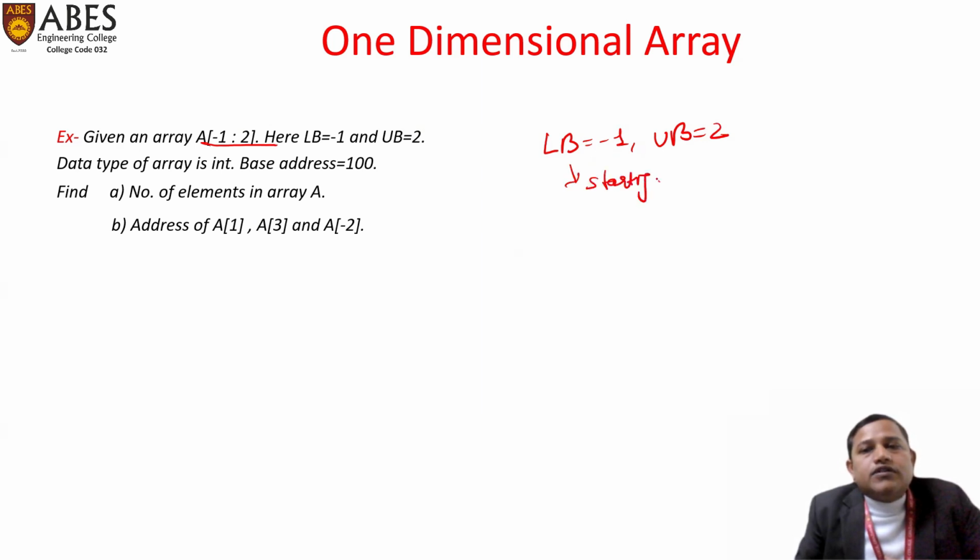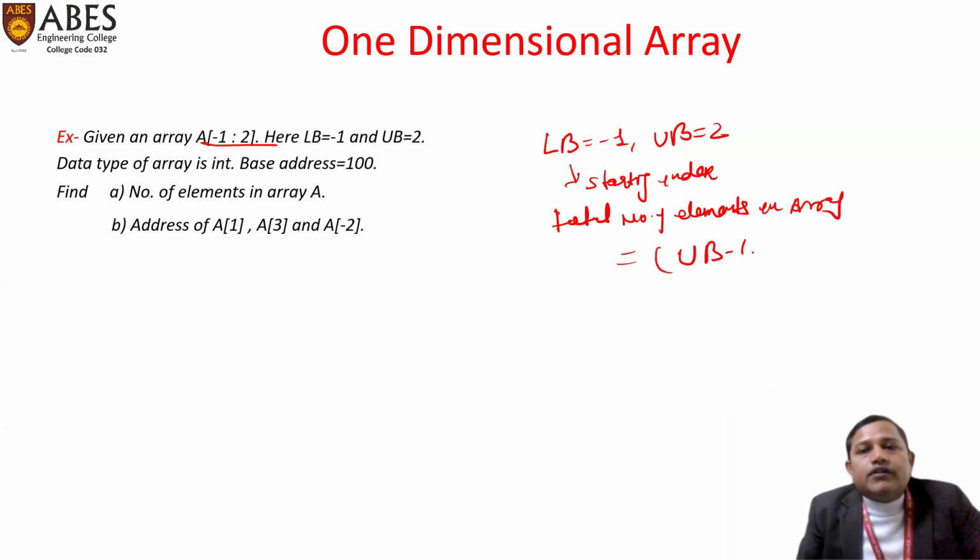If you want to find the total number of elements, the total number of elements in array A is upper bound minus lower bound plus 1, that is 2 minus (-1) plus 1, already told, that is 4.